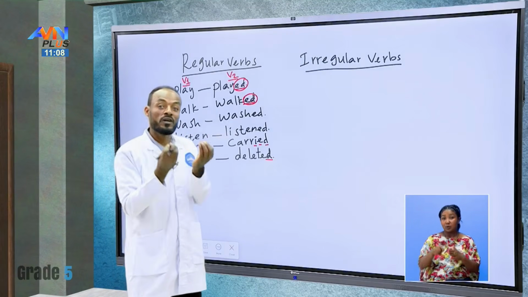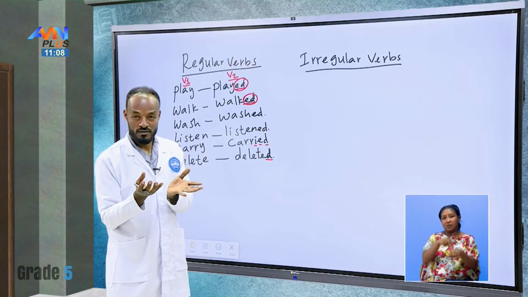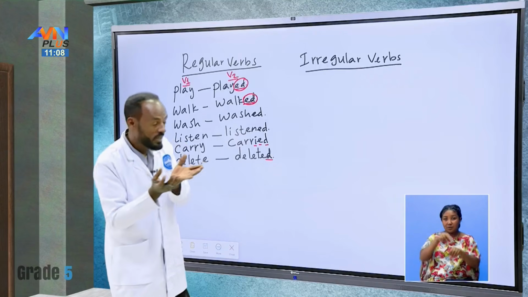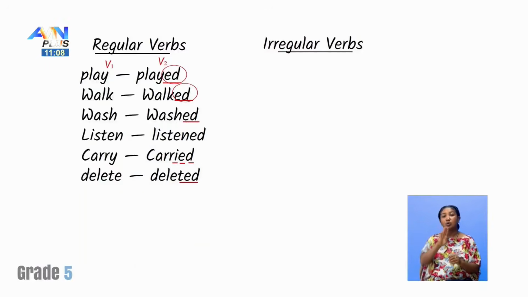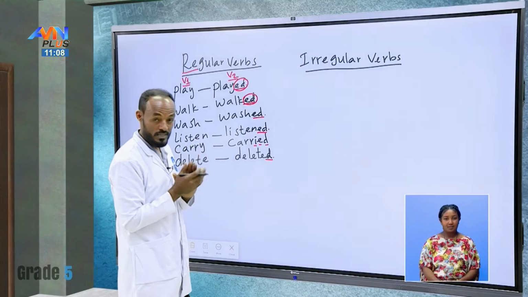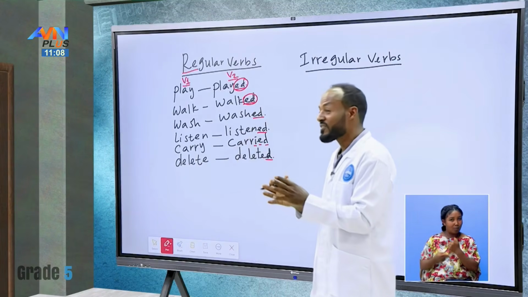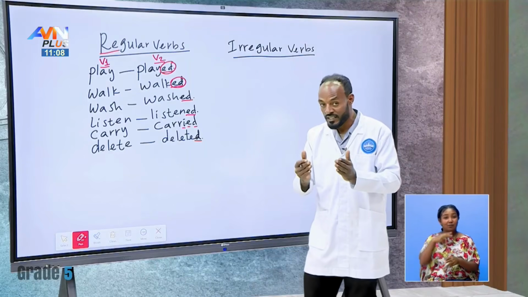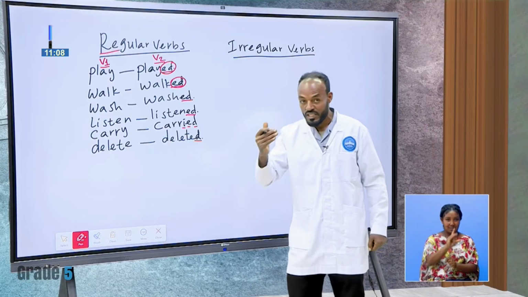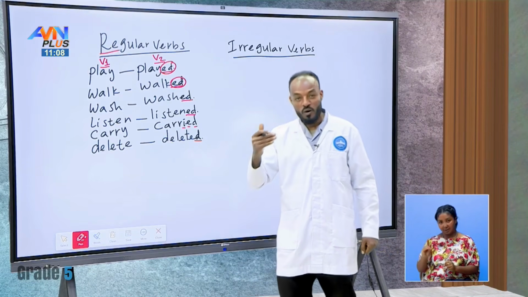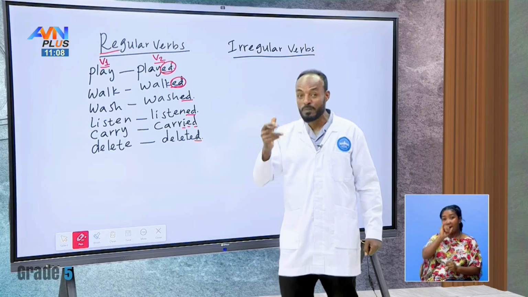So they have fixed forms. Since they have a fixed form, that should be considered a regular verb. Look, regular verb. Is it clear? So, bear in mind, regular verbs are verbs which take d, ed, or ied. It depends on the given word.